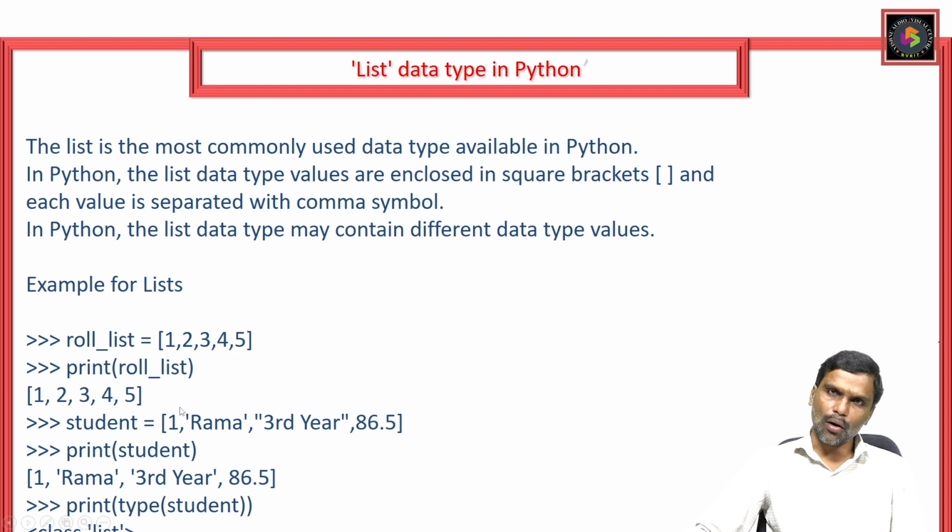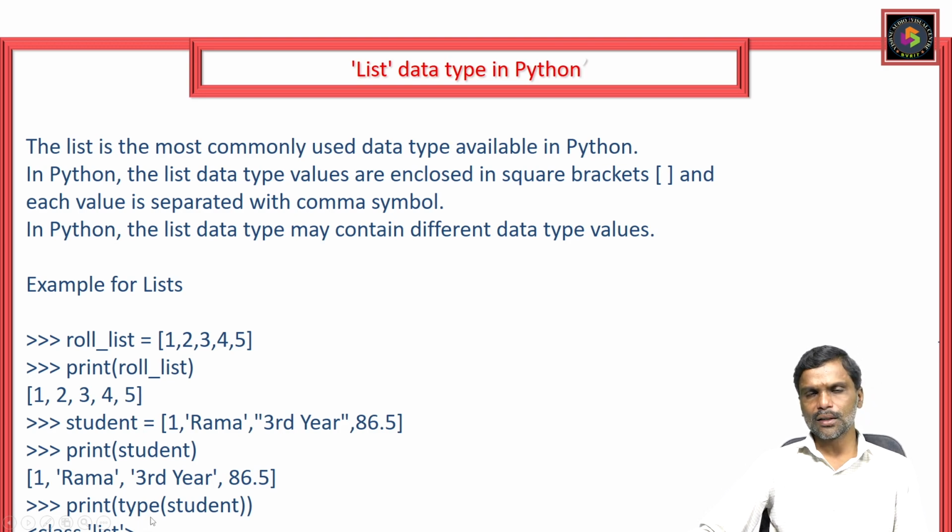But in the list, all the types of data type we can represent. Print type student. What is the type of student? Student means the variable we are taking here. So which type does this student have? It contains all the types of data type, and the output will be list.